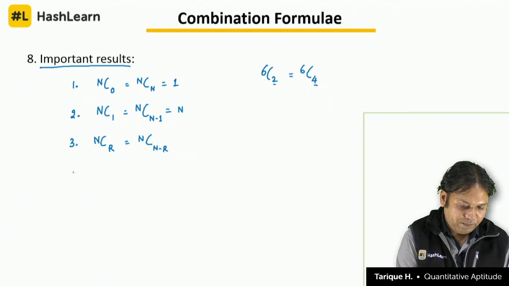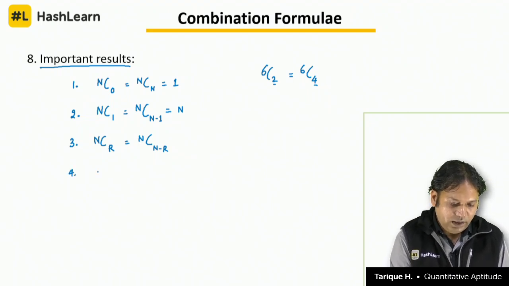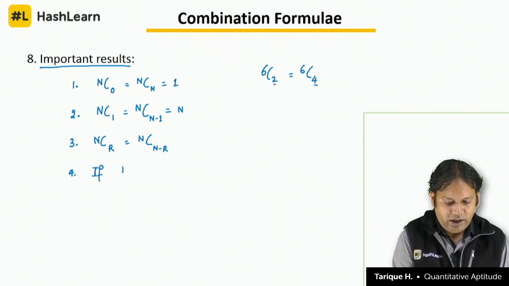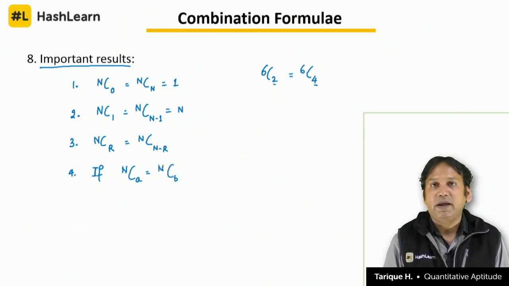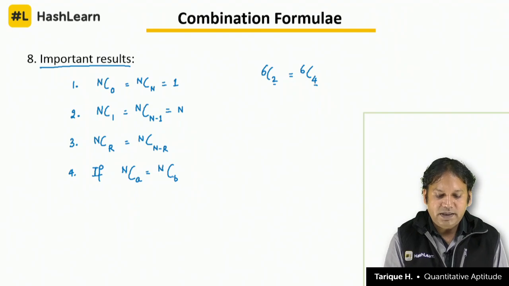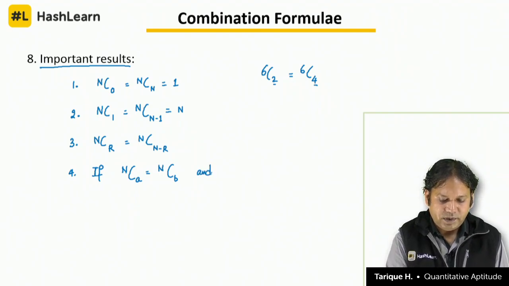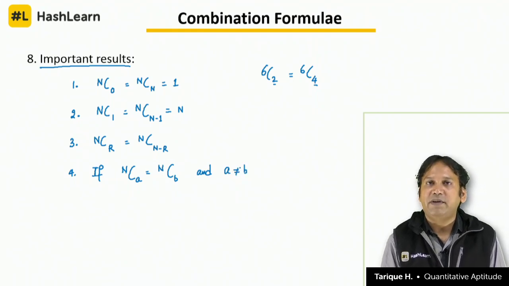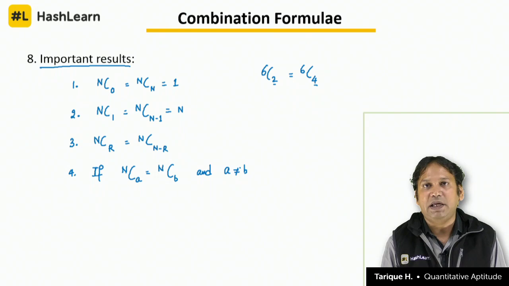That you should understand. Now the fourth result is this, that if NCA is equal to NCB, and A is not equal to B. So A and B are not same, because if A and B are same, obviously NCA will be equal to NCB.